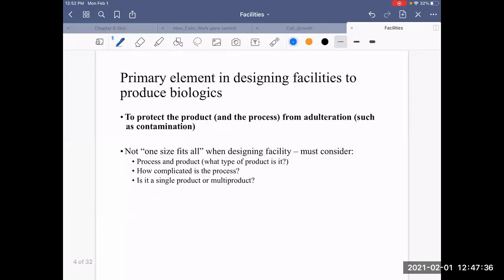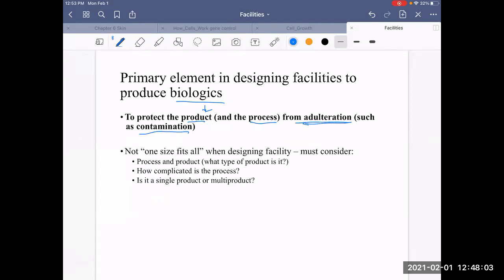Okay, so the primary element when they design facilities to make these biologic products is to protect the product. Okay, we don't want it to be tampered with or have any adulteration. So we don't want anything to be contaminated. So the way that we protect the product is to ensure that the process is correct and it's protected.